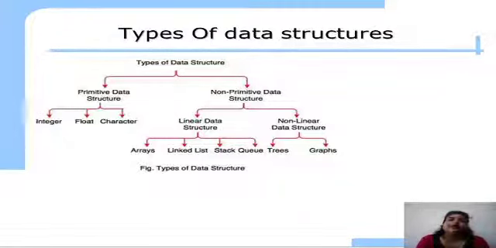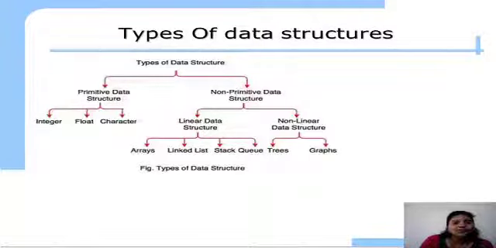So the next point is the types of data structure. As I told you, in the need of data structure, there are two types of relationship that exist among the data elements of the data structures, linear and hierarchical. So the main types of data structures are primitive data structure and non-primitive data structure. And again, the non-primitive data structure has two types, linear data structure and non-linear data structure. In second semester, when you learned C programming, you learned primitive data structures, that is integer, float and character.